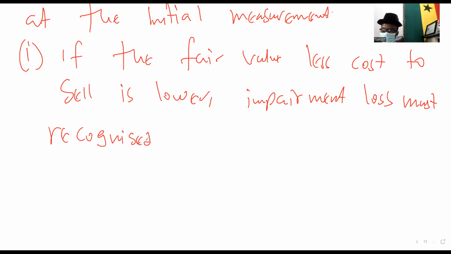Impairment loss must be what? Recognized. So take notice of that. So you record impairments as soon as the fair value less cost to sell becomes lower. That is it.